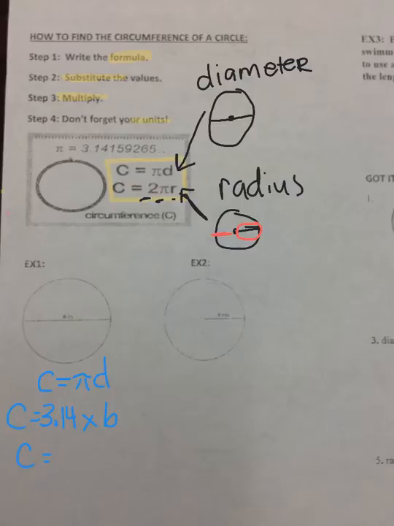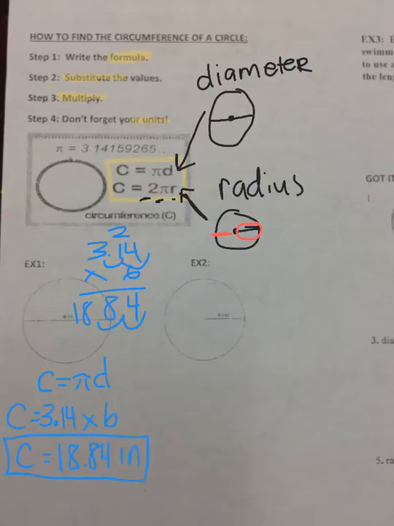Now all that's left to do is multiply 3.14 times 6. 6 times 4 is 24, carry the 2. 6 times 1 is 6 plus 2 is 8, and 6 times 3 is 18. Don't forget our decimal goes in 1, 2, 1, 2. So this would be 18 and 84 hundredths. Then don't forget your units: inches. We don't square our units because this is just perimeter or circumference. It's one-dimensional, just the distance around the outside.